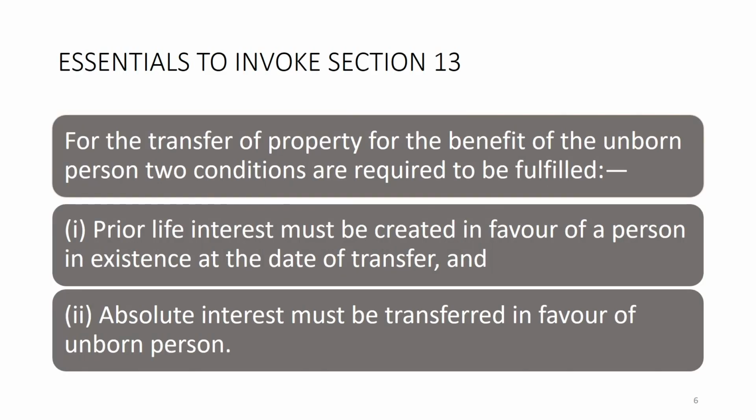So these two conditions are a must. The first is that the interest must be created in favor of a person in existence. That means every person who is in between the unborn person and the creator, the property must go through a living person.